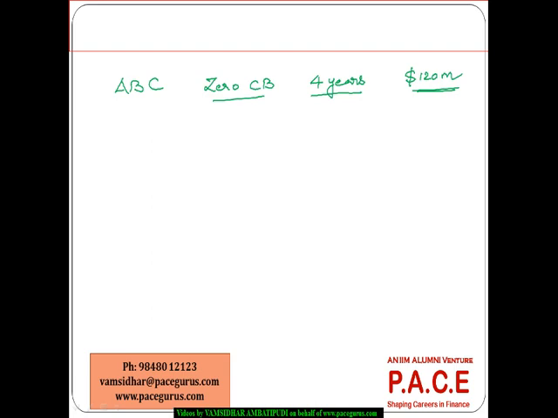If I am interested in finding out the value to the equity at time T, it is nothing but the maximum of f of 4 minus 120 comma 0. This is the benefit which the equity investor is going to get after 4 years. If f of 4 is greater than 120, he'll receive the difference. If f of 4 is less than 120, he is going to get 0.